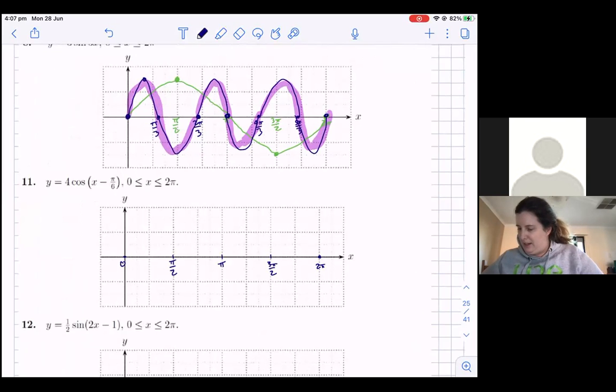Now pi on 6 is going to be essentially all of these are going to be moved right by pi on 6.